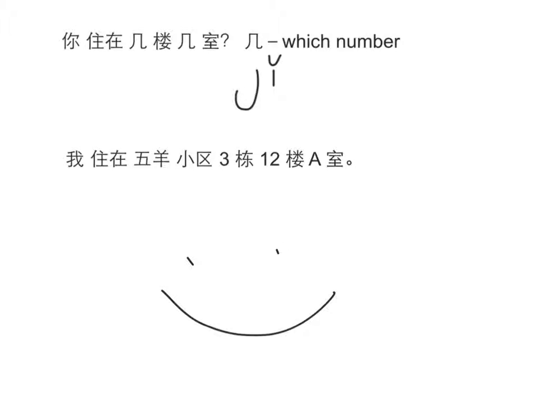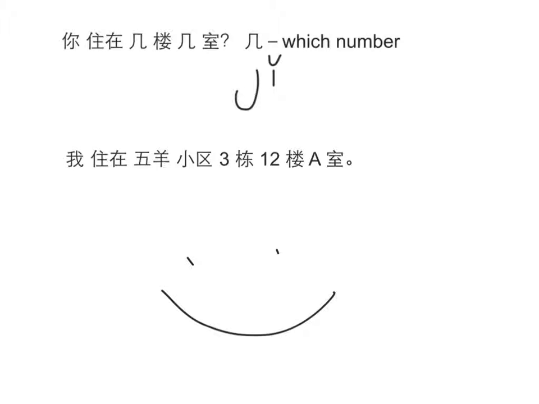Okay, and finally, to ask that question more specifically, which floor and which room do you live in, we'll use 几 to ask the question which number. So we're going to specifically ask which floor, which room. Okay, so we could ask 你住在几楼几室?